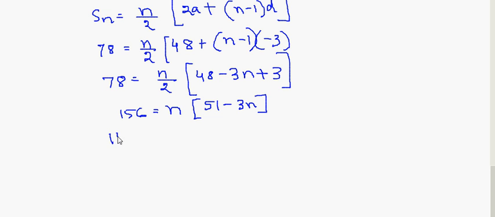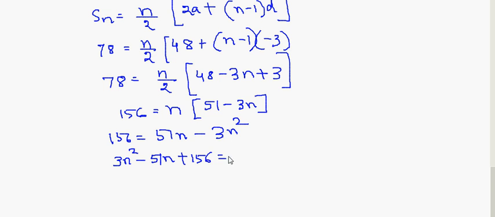So 156 is equal to n times 51 minus 3n. When I remove the bracket, I am getting 3n square. So I carry all this to the left, and I'll get the equation 3n square minus 51n plus 156 is equal to 0.